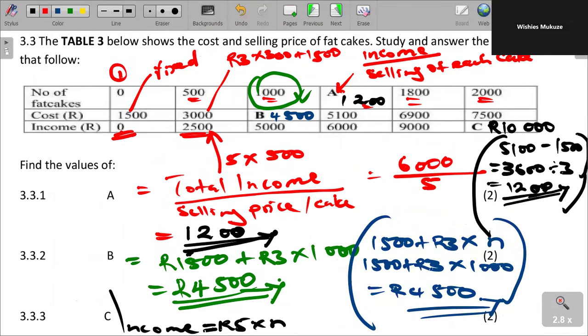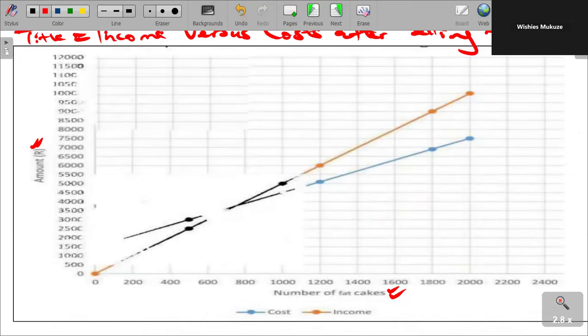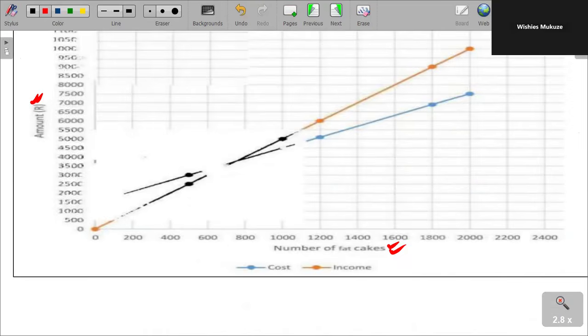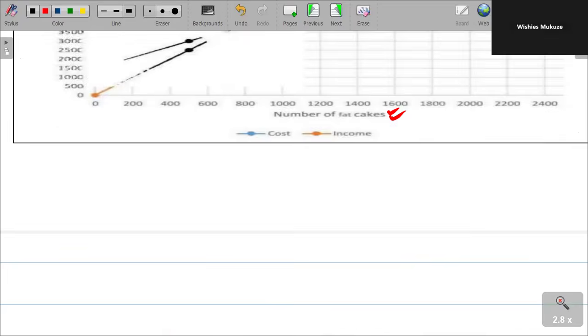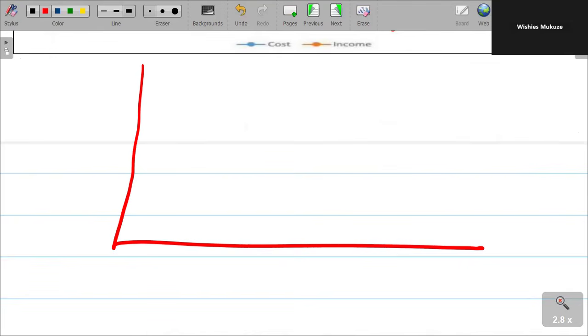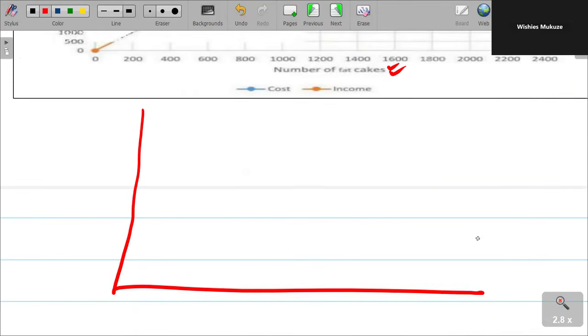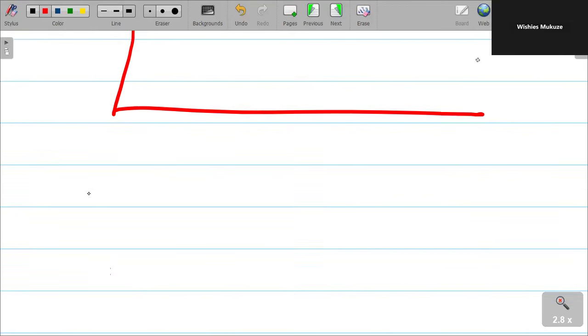So we're just going to draw our graph. This one I just do randomly for you, but we can draw it smooth and smart. Then we have the amount, which is income, in rands, and the number of fat cakes on this side.